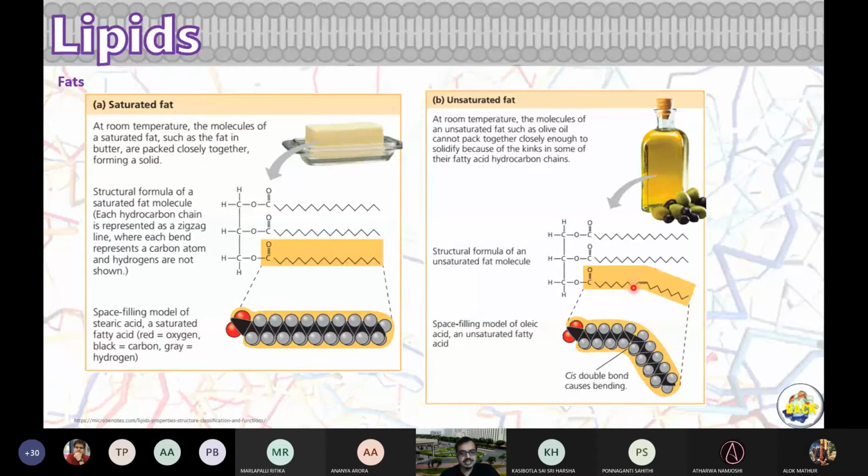A fatty acid containing a double bond, if it is attached to a glycerol, we can call an unsaturated fat. Now, is unsaturated fat always bad? Sometimes bad, but some unsaturated fats are very essential. If the double bond appears at the third carbon atom, we call it omega-3 fatty acids.